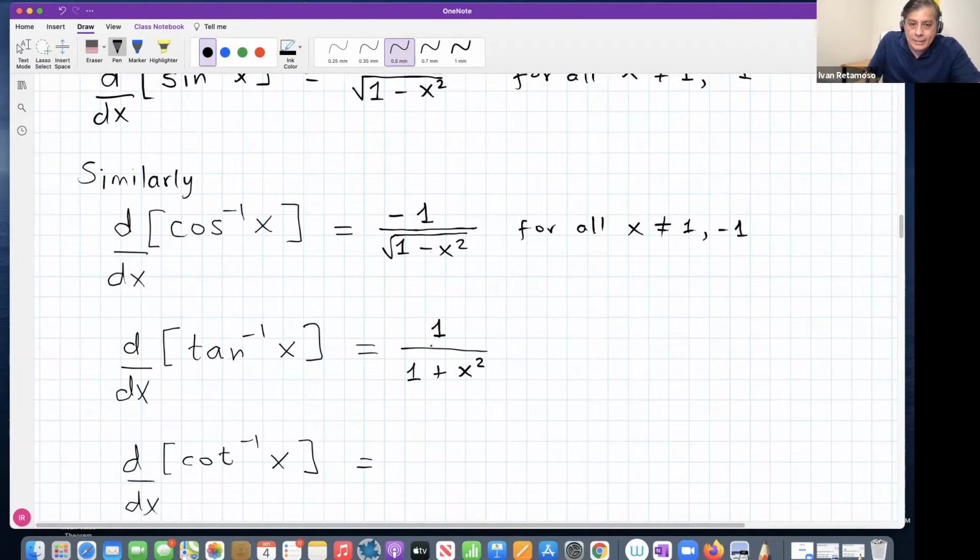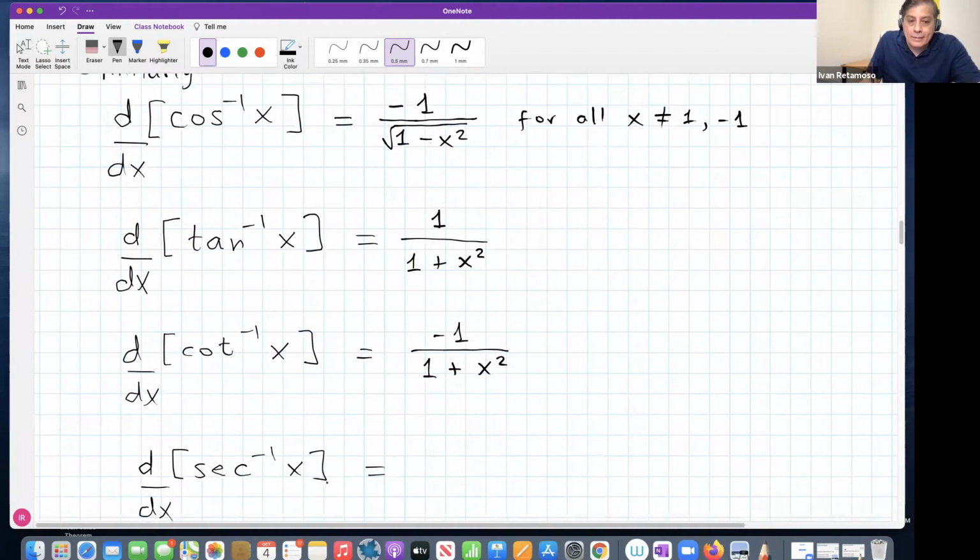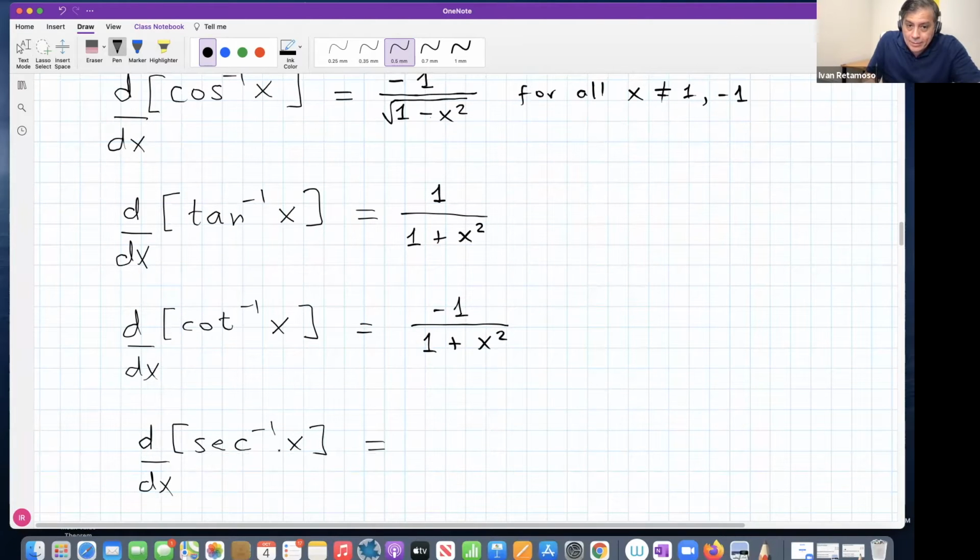Now for cotangent, very close to the formula for the derivative of tangent inverse. The derivative of cotangent inverse is minus 1 on top, the rest the same, 1 plus x squared. Derivative of secant inverse, mathematicians figured out, is equal to this: 1 over the absolute value of x multiplied by the square root of x squared minus 1.